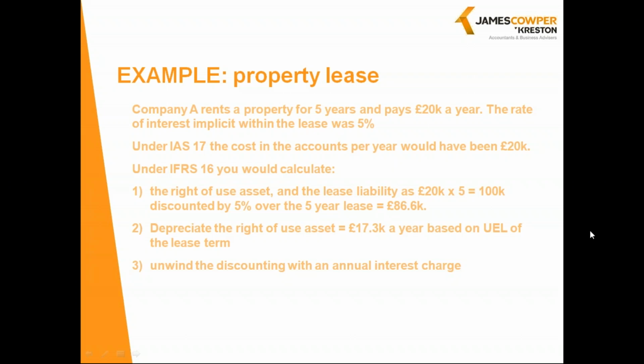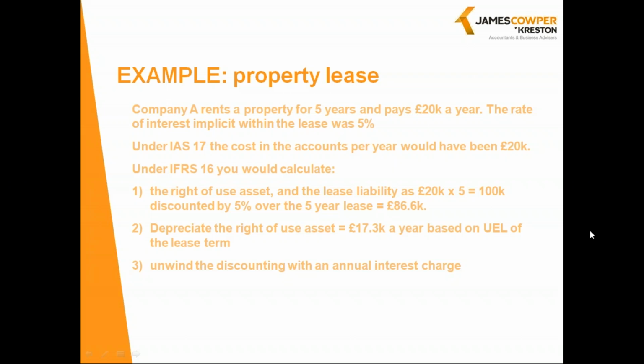However, IFRS 16 is quite different. We're going to create a right of use asset for the future payments. That's going to be 100,000, 5 times 20, so that's your fixed asset at the beginning. The liability, based on a 5% discount rate, comes out at 86,000 or thereabouts.